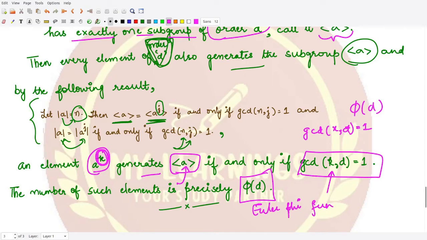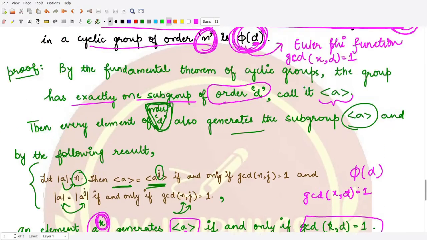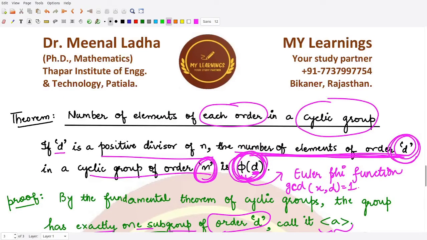So this is what we wanted to prove in this theorem: the number of elements of order d is exactly phi of d.